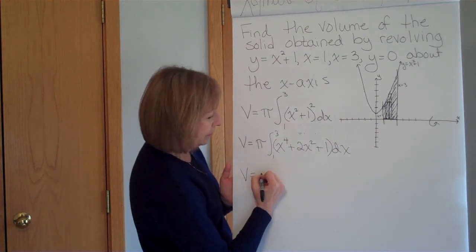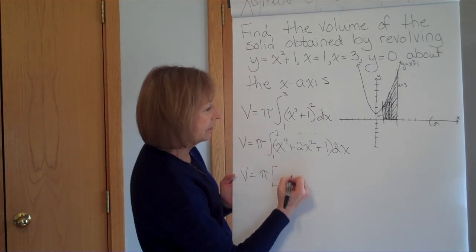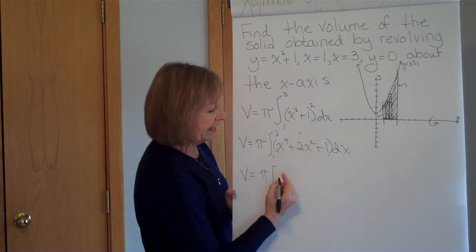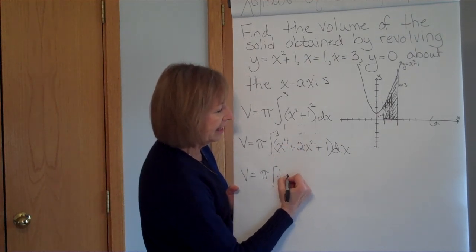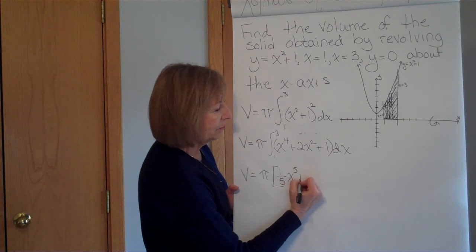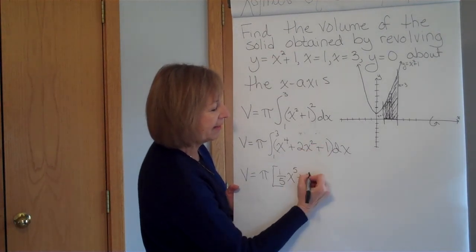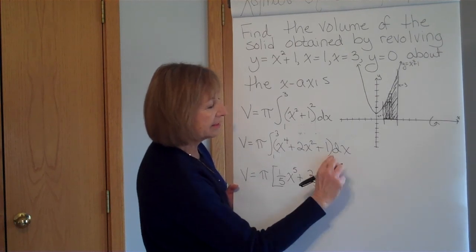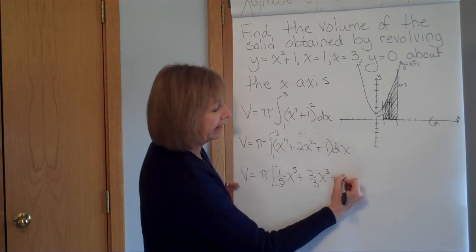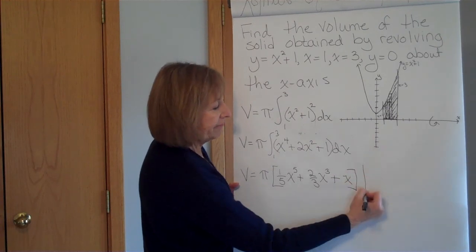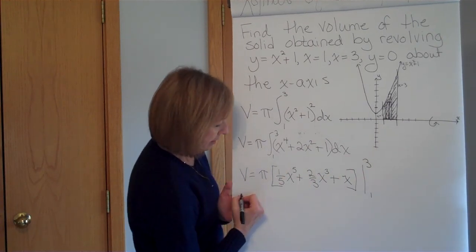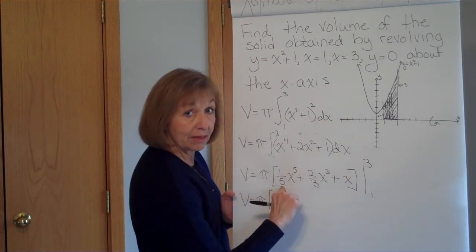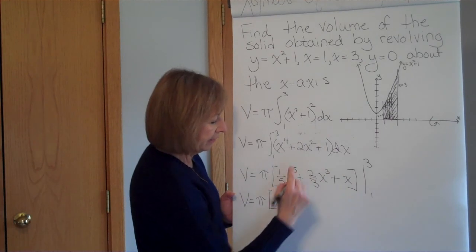Integrate it, so it's pi times, add 1 to the exponent and divide by that: 1/5 x to the 5th plus, add 1 and divide by that, 2/3 x cubed plus the antiderivative of 1, which is x, evaluated from 1 to 3. So then you have pi, and you plug in the 3 minus plug in the 1.